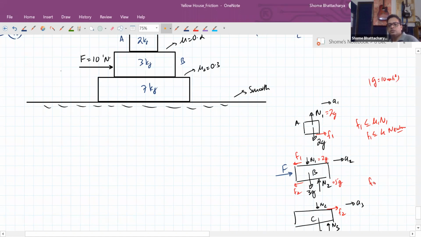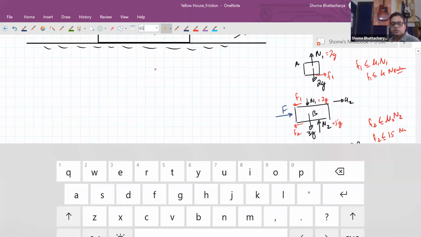And F2's limiting value is mu2 N2. So F2 is less than or equal to 0.3 into 5g. So that is 15 newtons. Okay, so this is important to understand, that the limiting values of F1 and F2 are these. So this becomes the starting point for the question for us.